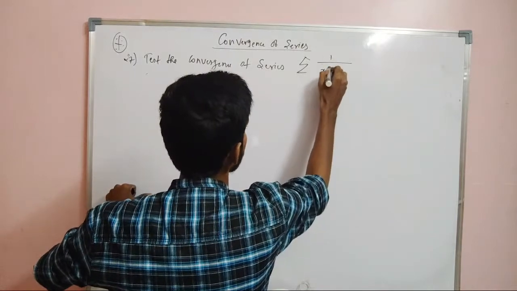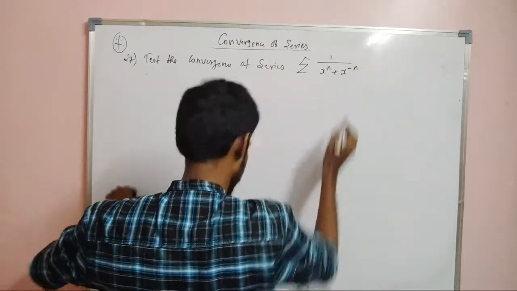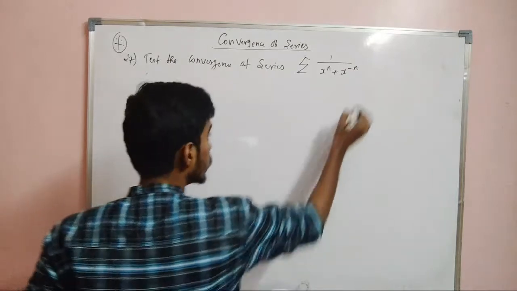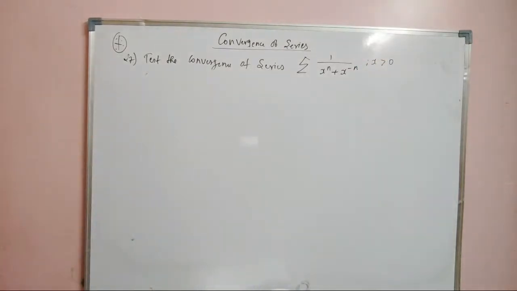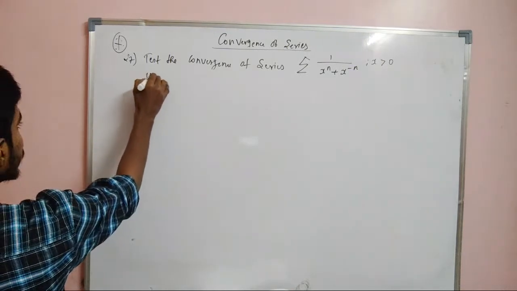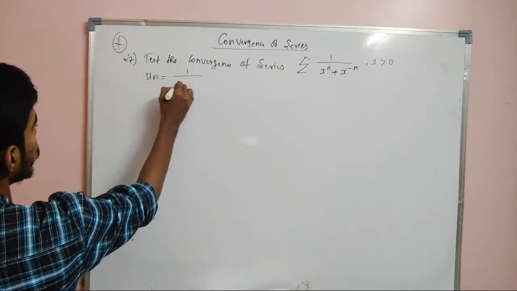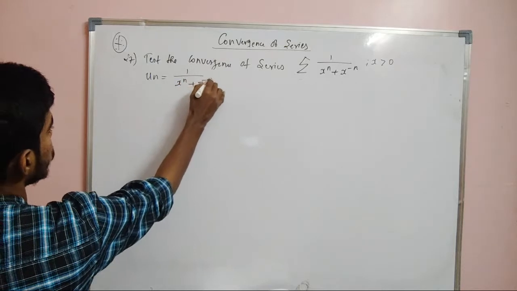So 1 by x power n plus 1 by x power minus n. What is un here? Just take un to be equal to 1 by x power n plus x power minus n.